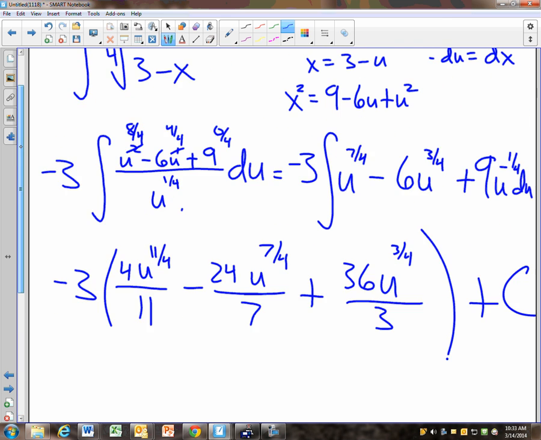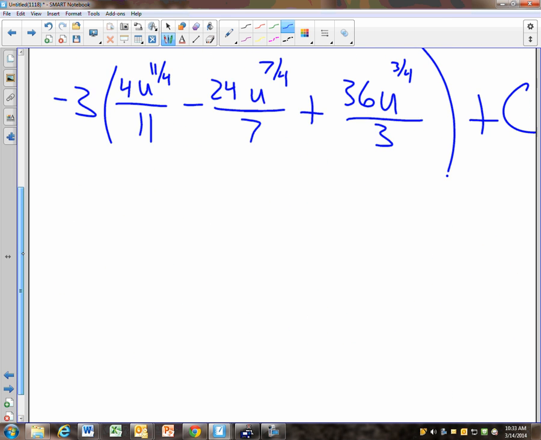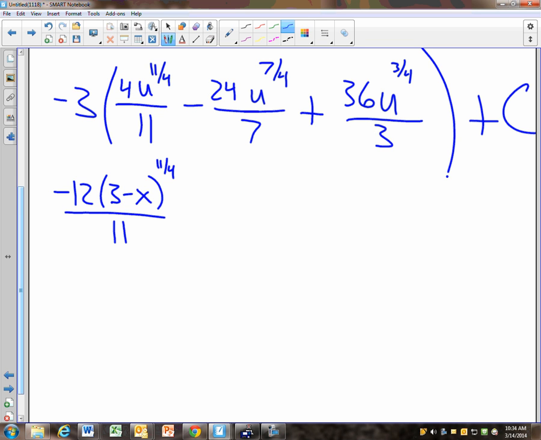I don't remember what u was. Is it 3 minus x? Okay, last step. 3 minus x goes into there. So we've got negative 12 times 3 minus x to the 11/4 over 11, plus, it's 24 times 3. 72. 72 times 3 minus x to the 7/4 over 7.